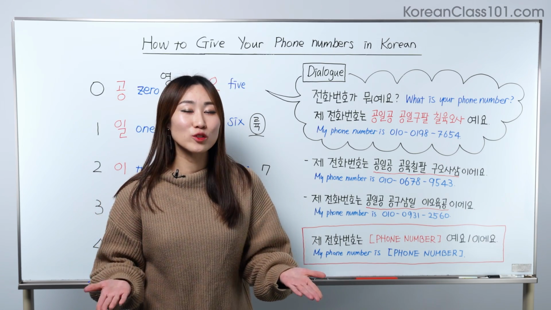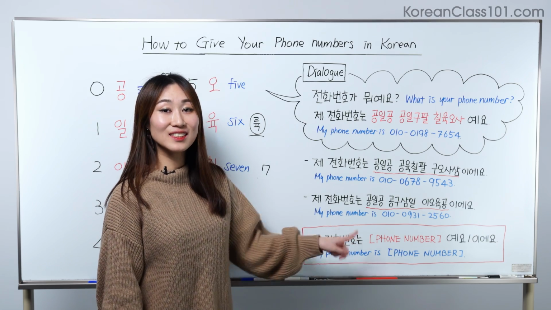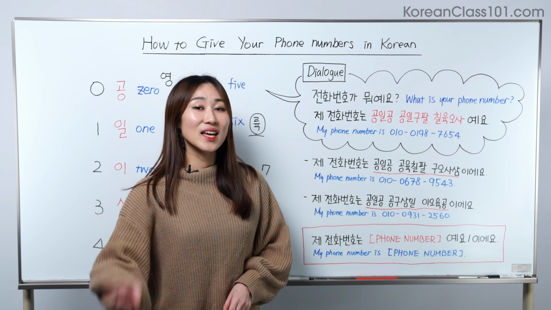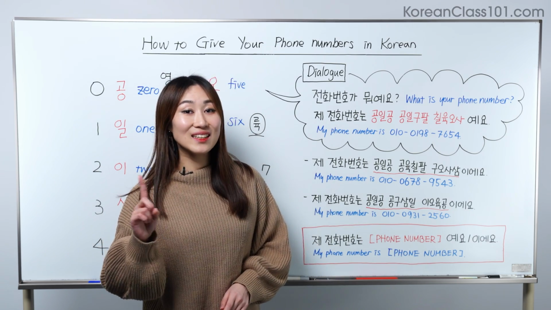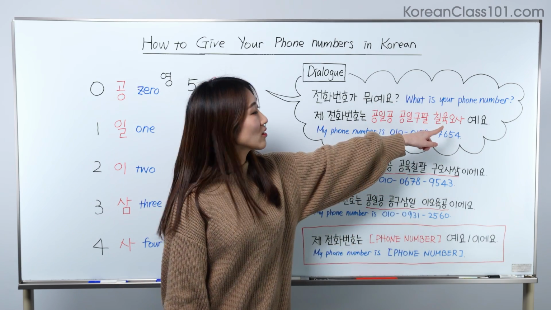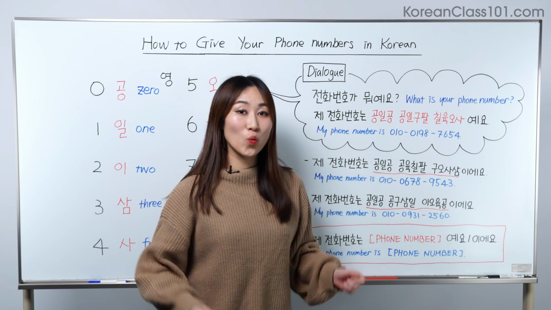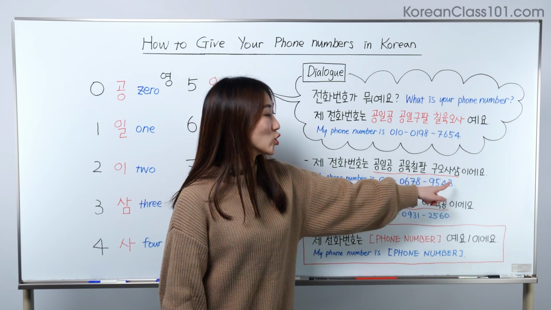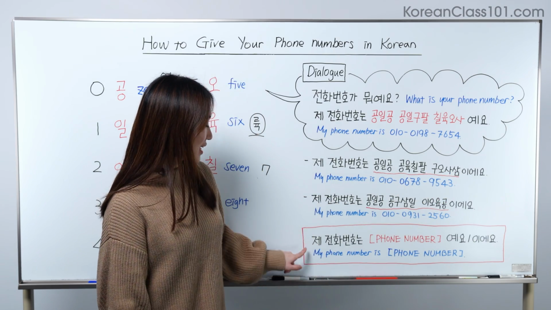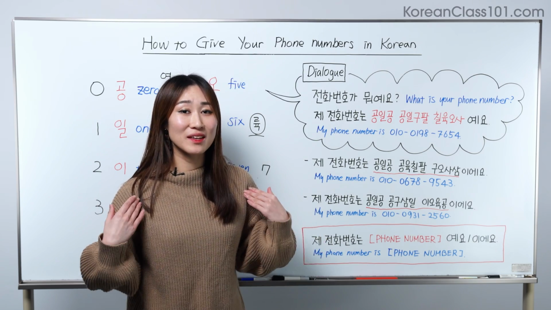It's a humble way to say my. 전화번호, phone number, and 는, topic marking particle, and your phone number, and say 예요 or 이에요. 예요 is used when the last syllable ends with a vowel. 이에요 is used when the last syllable ends with consonant, such as 삼. And 제, again, is a very humble, polite way to say my.